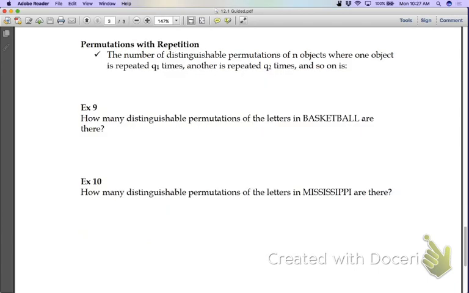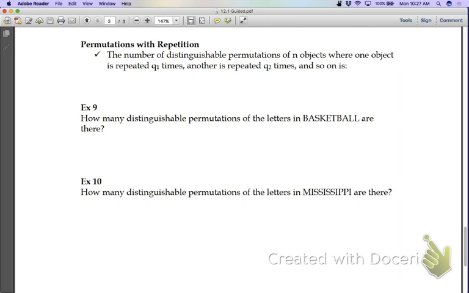Last one is what's called a distinguishable permutation. Okay, you have n number of objects where one object is repeated q number of times. So like if I have the word basketball, it says how many distinguishable permutations of the letters in basketball are there?